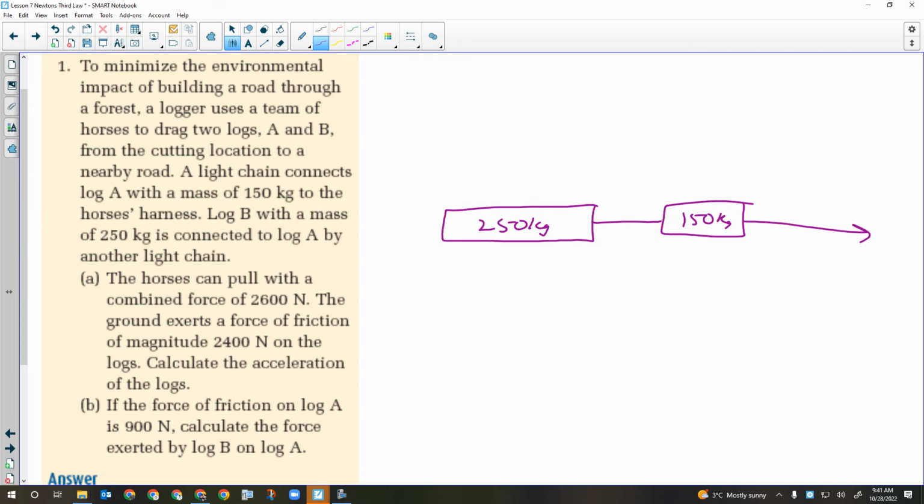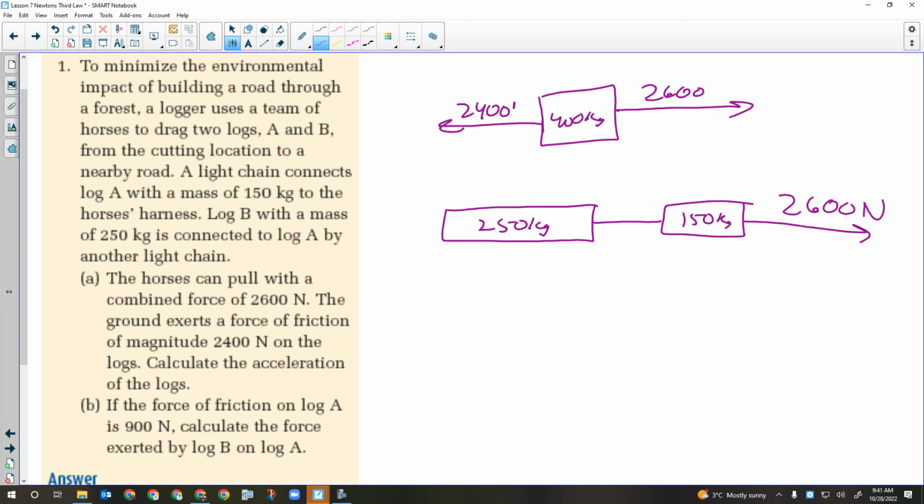So we know the horses can pull with 2,600 newtons worth of applied force, and there are 2,400 newtons worth of friction on the entire system. So basically, we can simplify this to 400 kilograms being pulled this way by 2,600 and this way by 2,400.